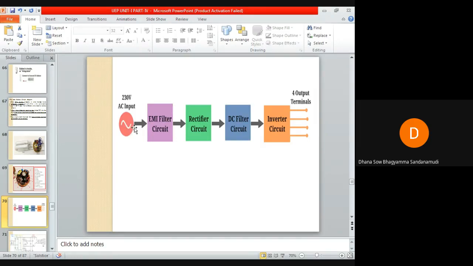Now, some manufacturers, instead of connecting a series resistor, connect a fuse. Our main purpose of this resistor was to limit the overload current and short circuit current. So instead of using a series resistor, some manufacturers prefer to connect a fuse in between this supply and the EMI filter circuit.